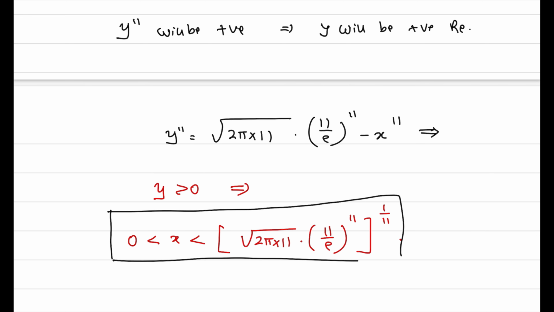In this domain of x, our equation has infinite solutions between these two values on the real line. We will get infinite values of y for infinite values of the domain of x. We will get the range.